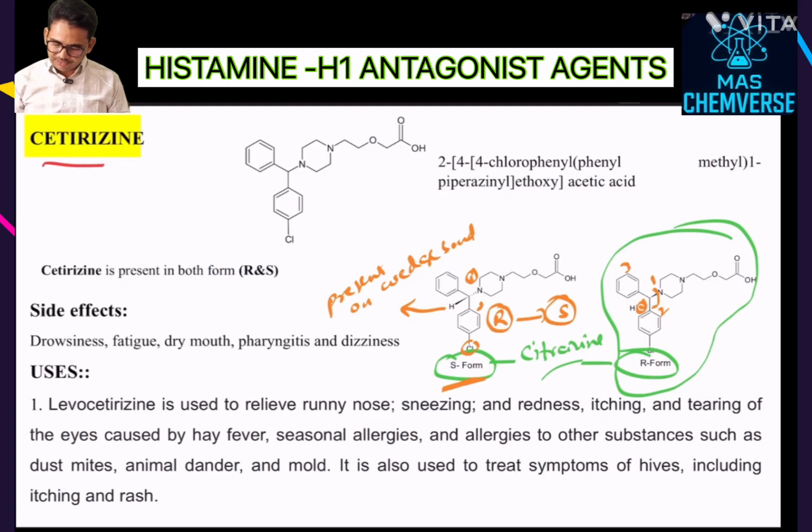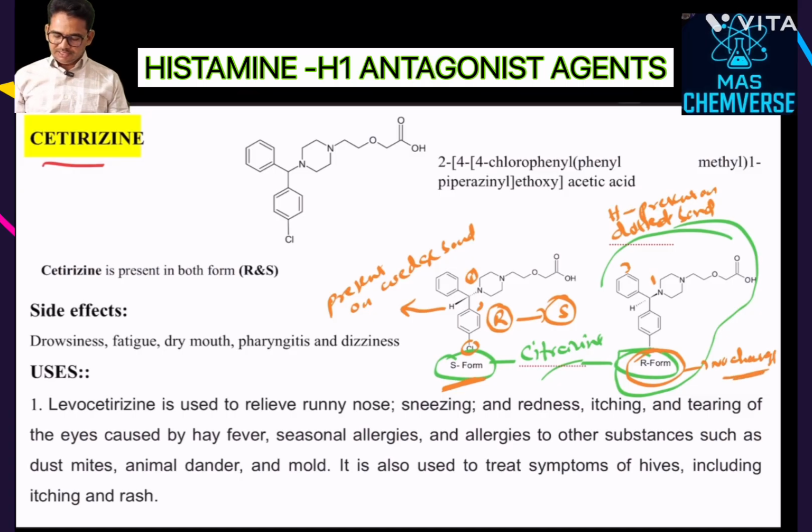Then we draw clockwise like this. But the hydrogen in this case is present on the dotted bond. That's why R will remain R form, no change. That's why this one has the R configuration, and this one has the S configuration.